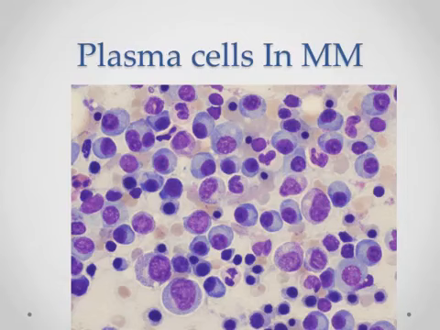Sometimes it is confused with the erythroblast, but if I check the difference between plasma cell and erythroblast here, the plasma cell looks like an oval cell with an eccentric cartwheel nucleus, and there is a halo around the nucleus, which is called perinuclear halo.